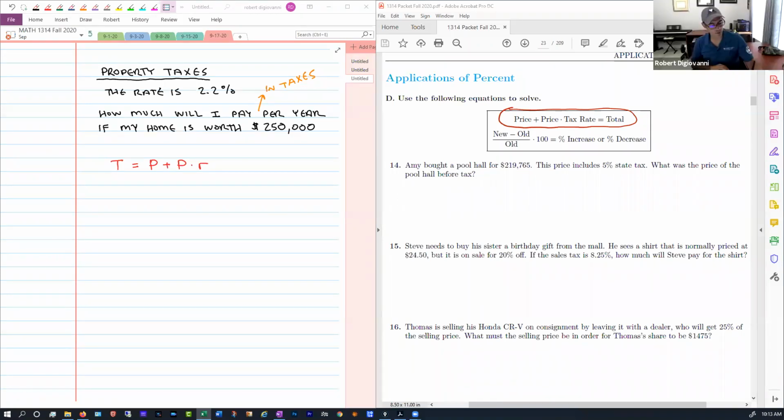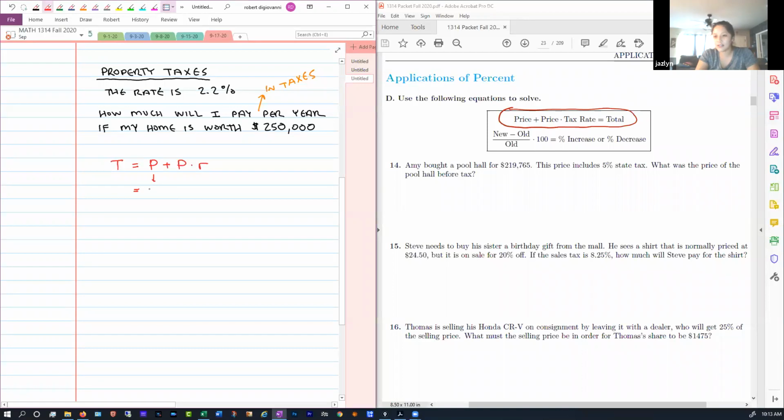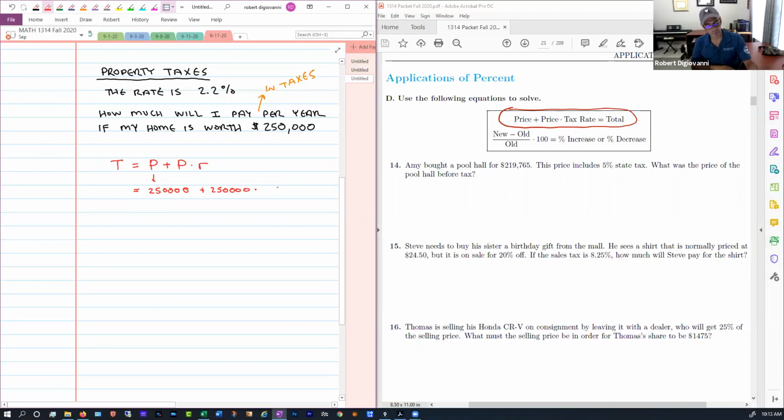Okay. What did you put in here? Just tell me what you placed in here. You did equals. What did you put in here? I put the house price, so the 250,000. Okay. Plus 250,000 times 0.022. I don't know if that was right. Yeah, that's right. Okay.